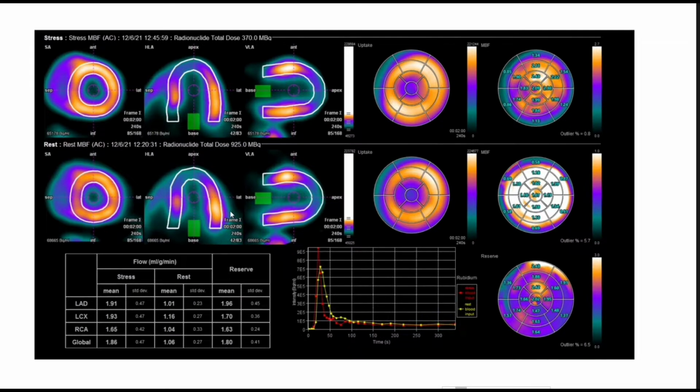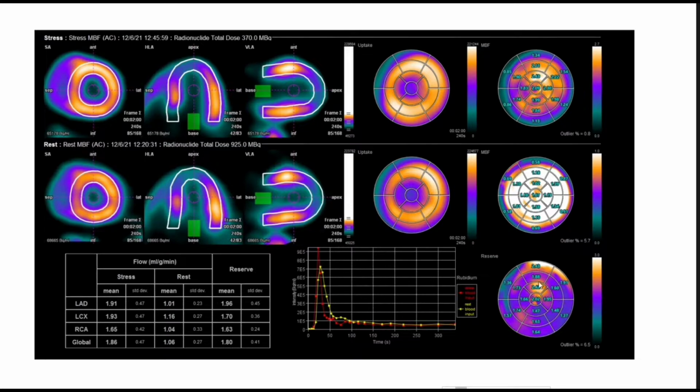And when we look at her blood flow, it's globally reduced. And so we're not really seeing anything fixed here where there's evidence like on the other one where we saw an actual ischemic event where you saw on stress that there was significantly less blood flow out at the apex. Now we're not seeing anything that matches with any distribution.